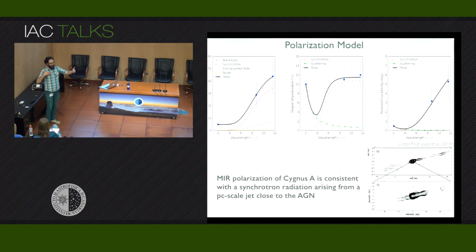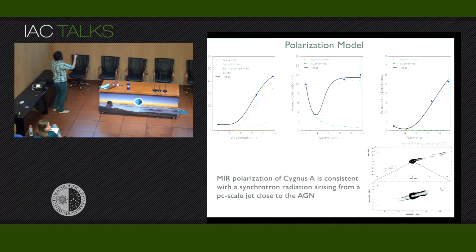But if that happens, the dust lane, the column of dust in front of us, will extinguish the scattered radiation from the torus. And also it doesn't really explain the rise of polarized flux in the mid-infrared.